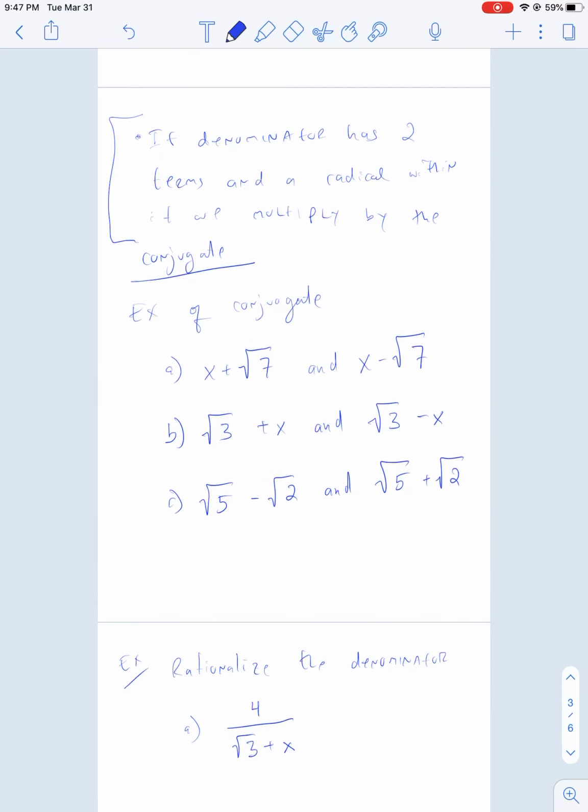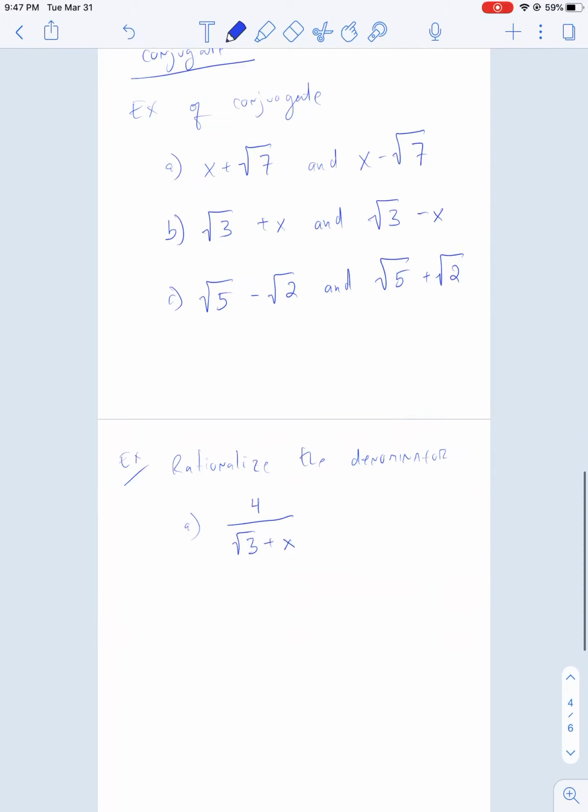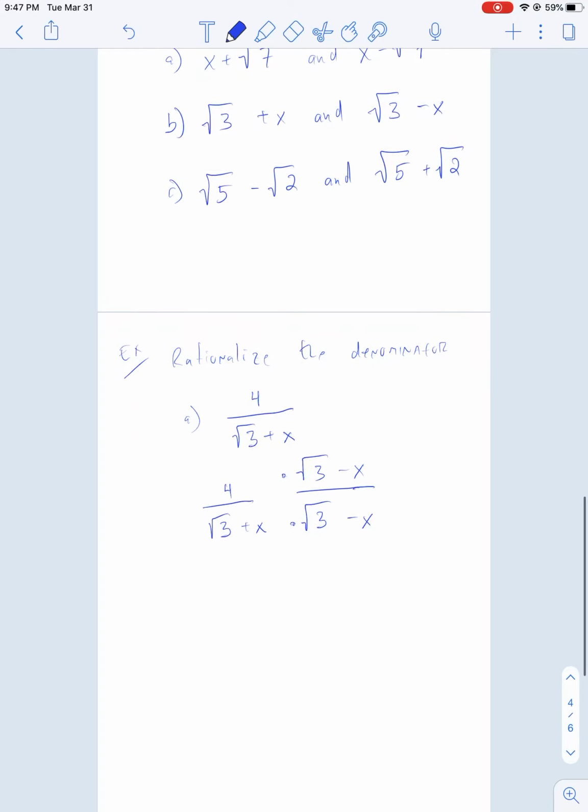If the denominator has 2 terms and a radical within it, we're going to multiply by the conjugate. So what is our conjugate of the square root of 3 plus x? Well, it's the square root of 3 minus x.